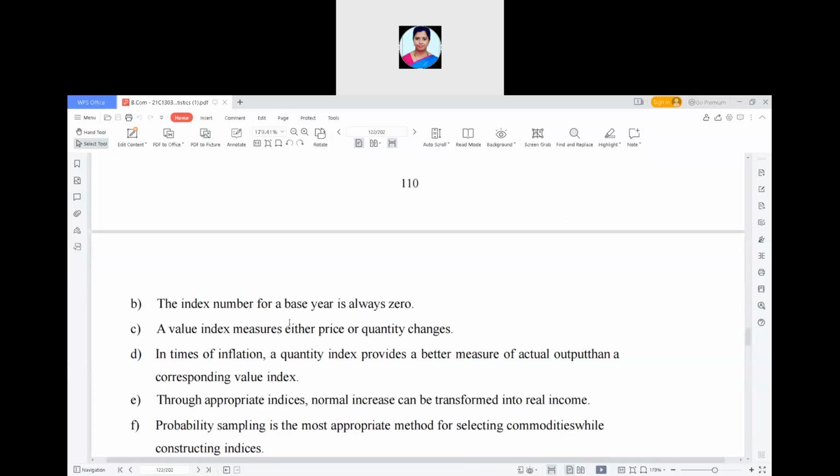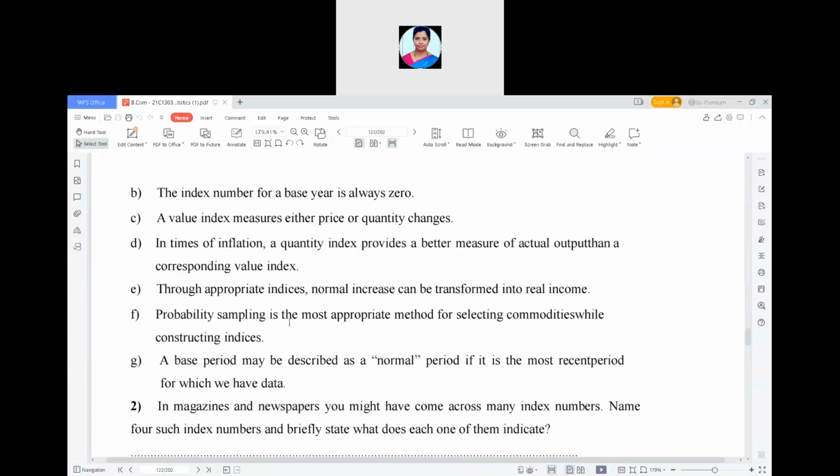In times of inflation, a quantity index provides a better measure of actual output than the corresponding value index. True or false. And the next one: through appropriate indices, nominal income increases can be transformed into real income.